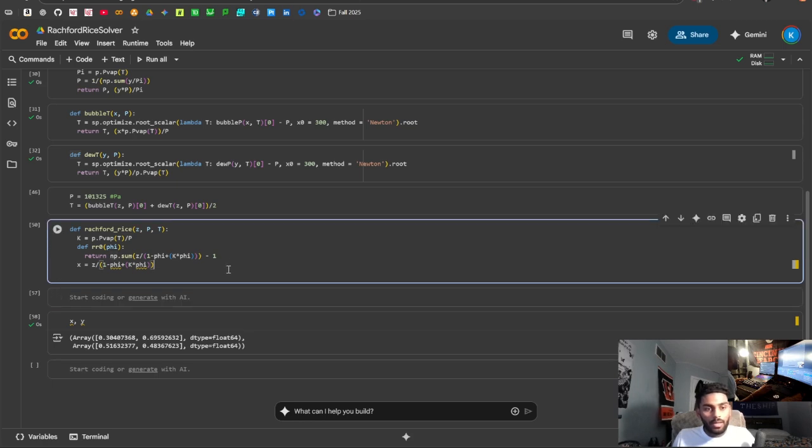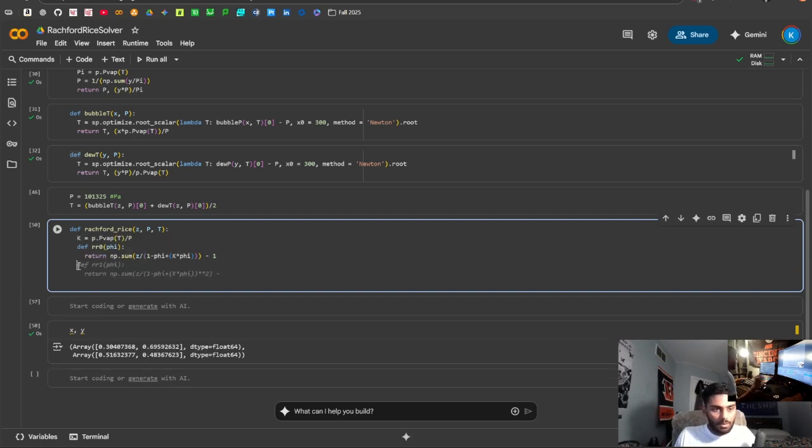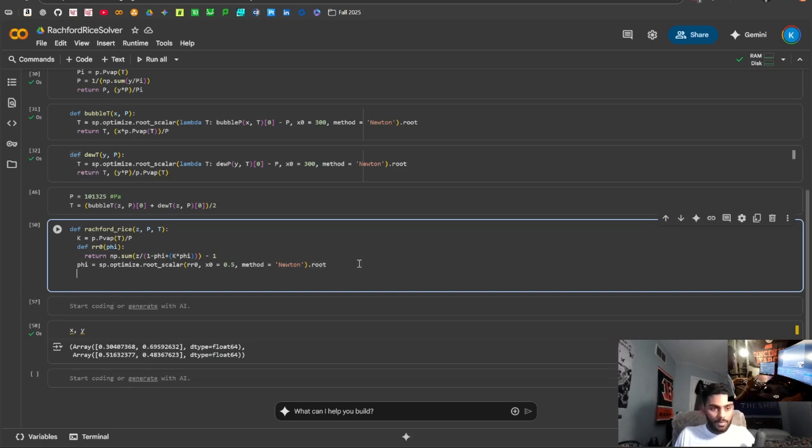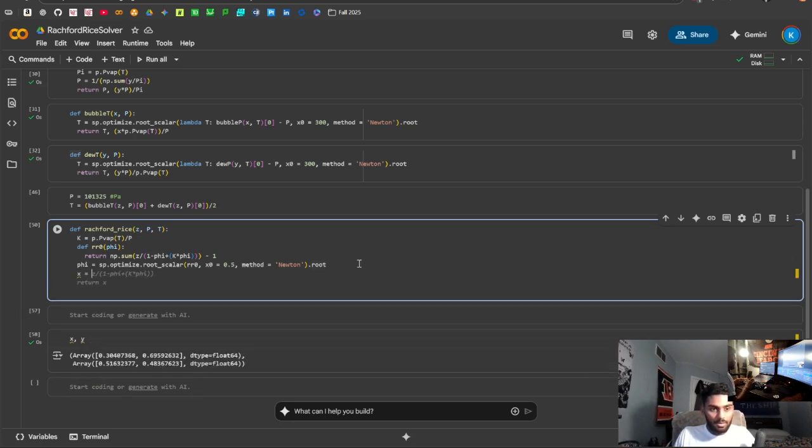Oh no, I need my solve IVP. Or not my solve IVP, I need my optimize. So sp.optimize. This is just going to be doing it all over again. Oh, Gemini saved me here a little bit. So this is going to be our phi is equal to that. And now we have x is equal to our, yes, that exactly.